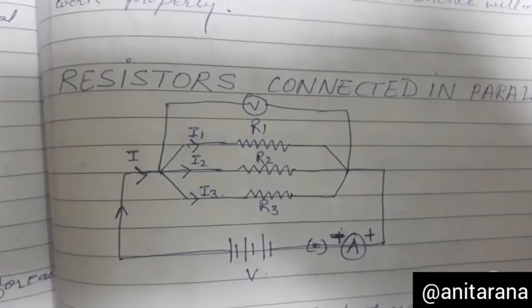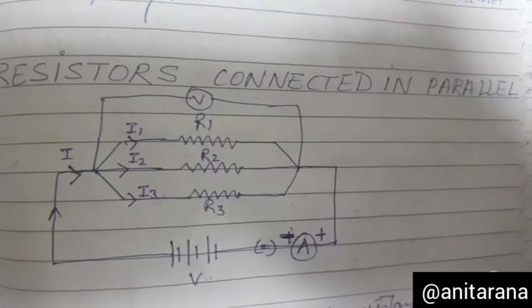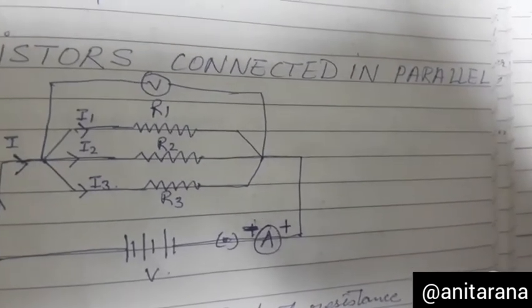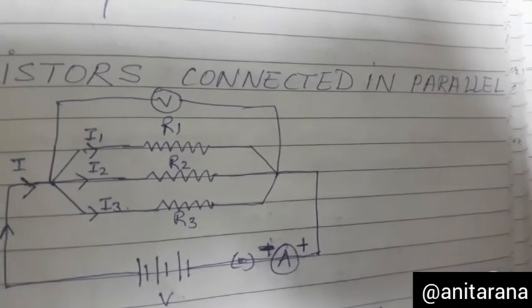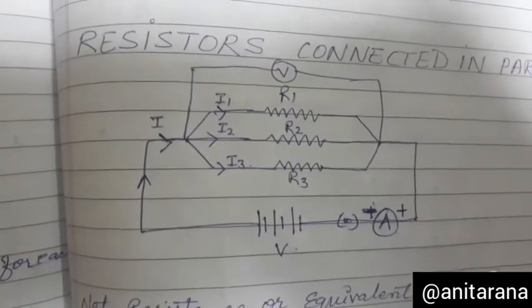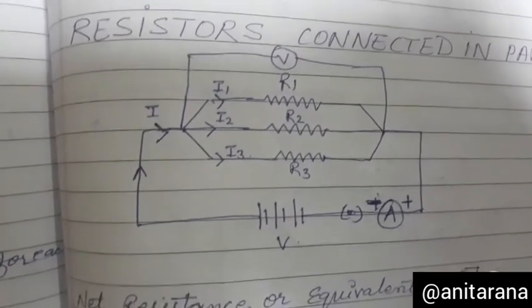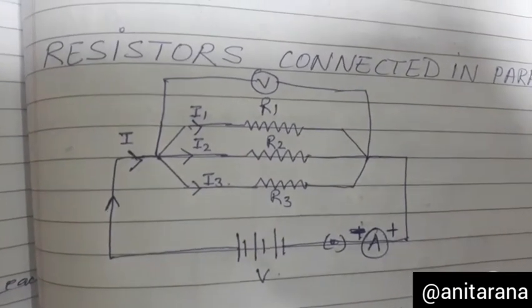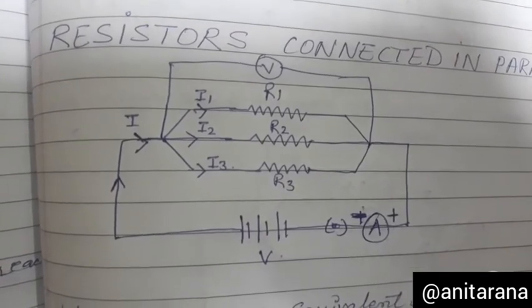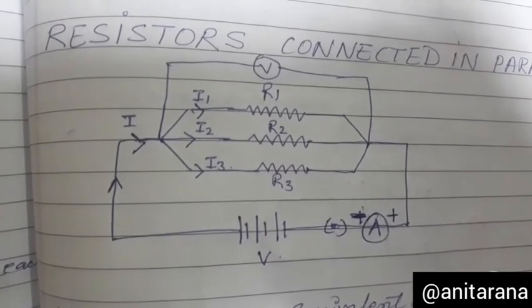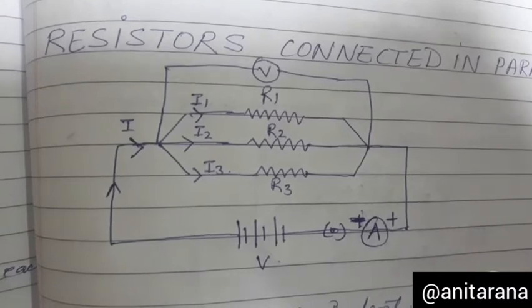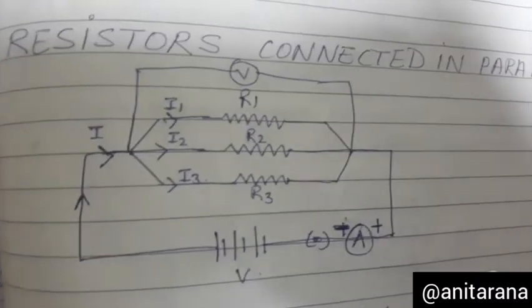We will study resistors connected in parallel. Now when the resistors are connected in parallel, how are they connected? This is a circuit diagram that shows three resistances R1, R2 and R3 in parallel to each other.